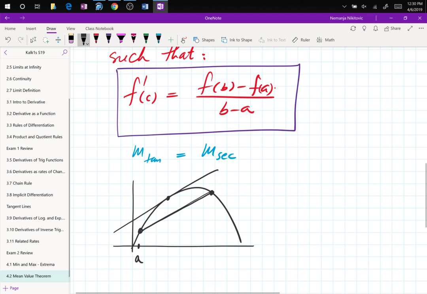Here's your a, here's your b, and here's your c inside a and b. This is your tangent line, this is your secant line, and we know that parallel lines have the same slope, so that's what this is.